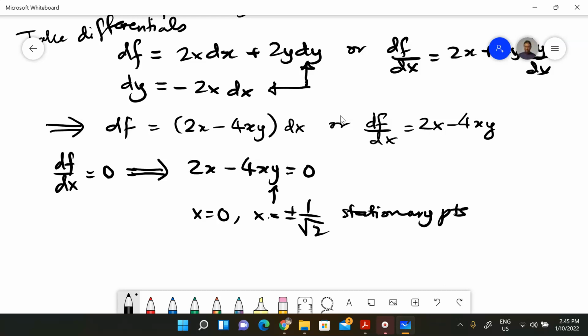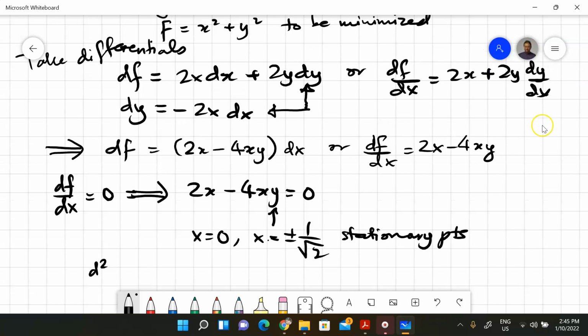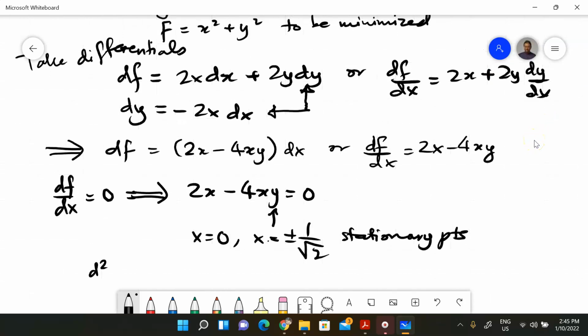And then again one can essentially find your second order derivative, which we can write down this way from the equation here. Let me just underline it. So from this equation you can differentiate that twice.